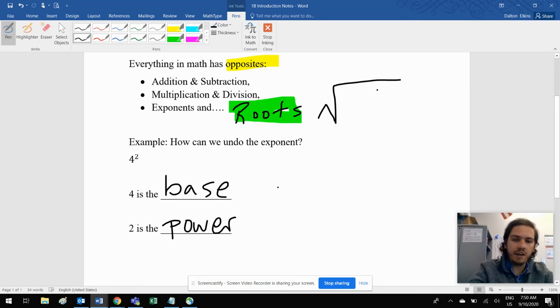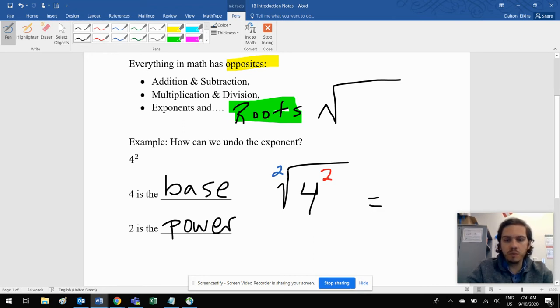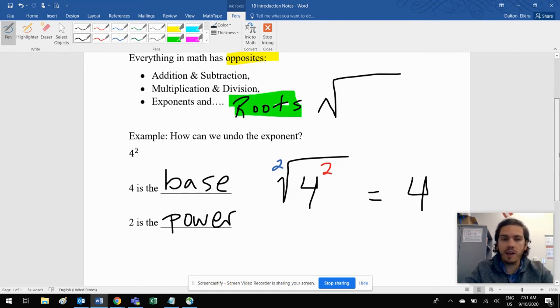So if I take the root, specifically the second root of 4 to the power 2, this root will undo this exponent right here, this power, and that'll leave us with 4. Again, that's the undoing of the exponent that we had.